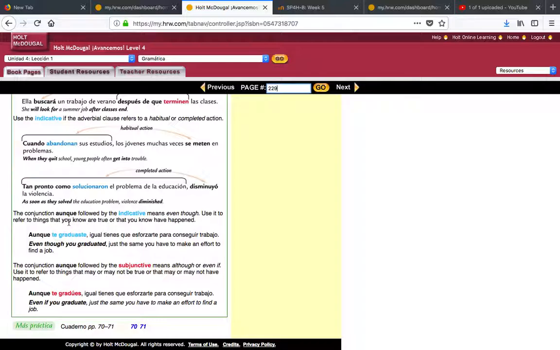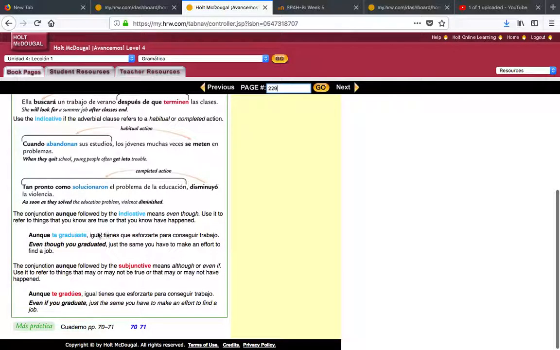Again, when you use aunque plus present tense, it means even though. And when you use aunque with indicative, you're also expressing that what you are going to say is true. It refers to things that you know are true.